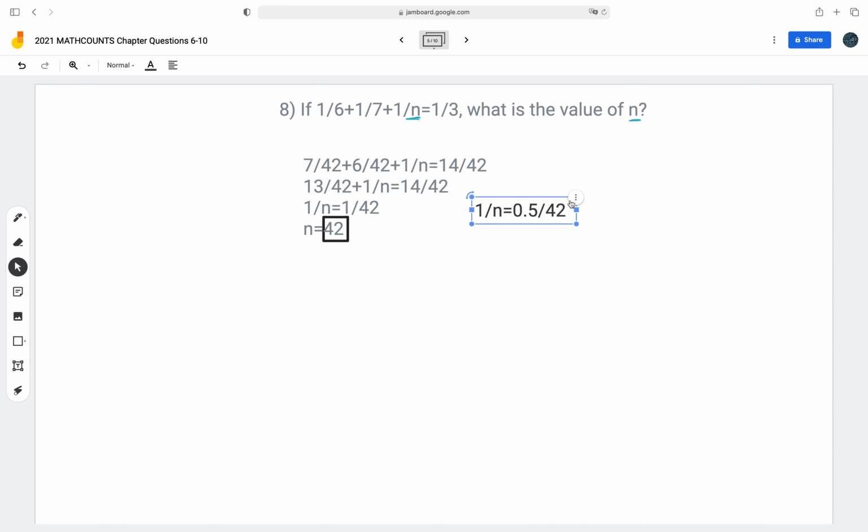Well, then it's probably not better to just see it in this way. If you don't just have all these nice ones, you can just cross multiply: 0.5n equals 42, and then you'll get n equals 21.